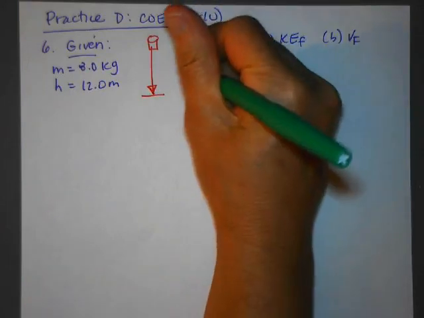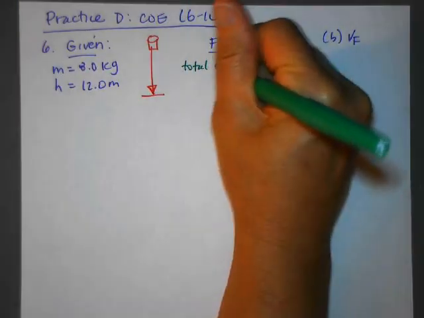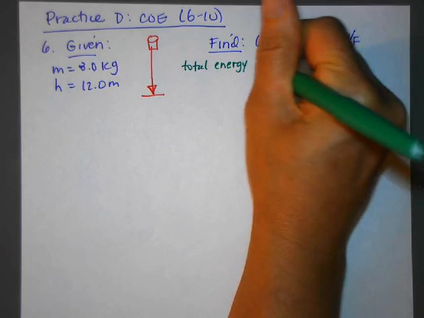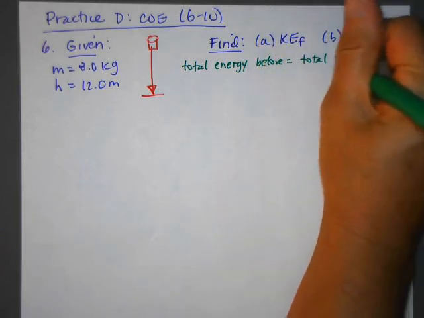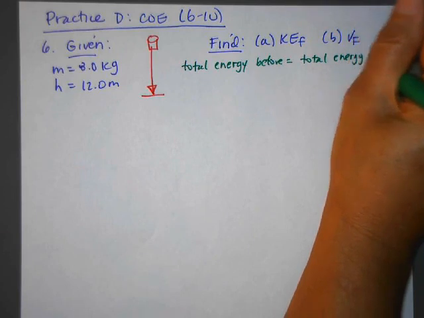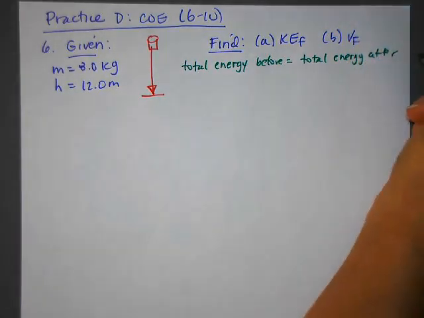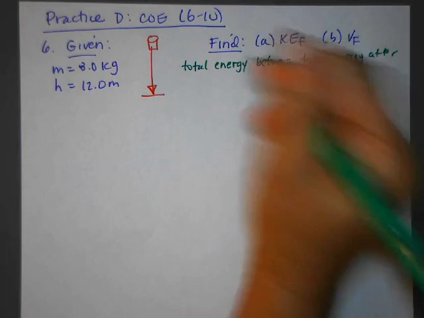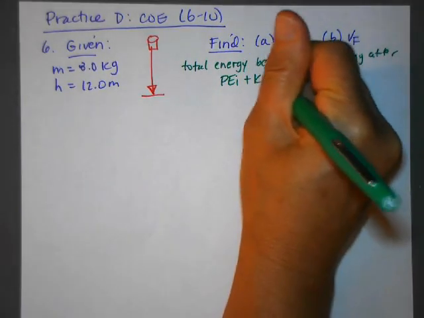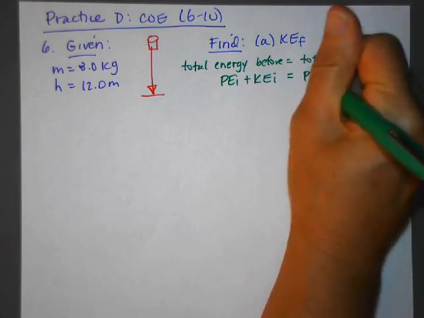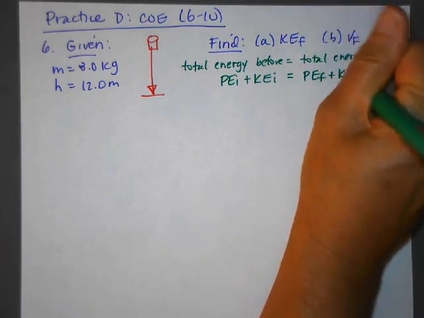So I'm going to say the total energy before is equal to the total energy after. My total energy is a sum of the potential and kinetic, so I'll say PEI plus KEI is equal to PEF plus KEF.